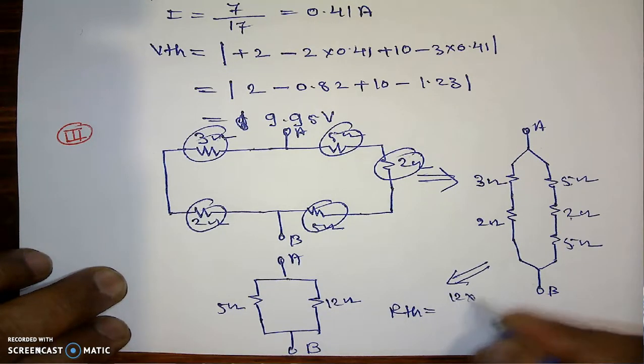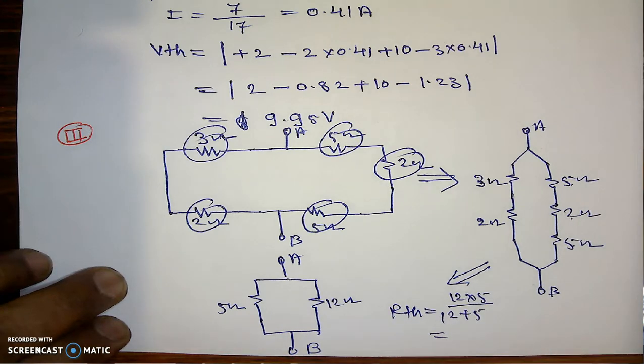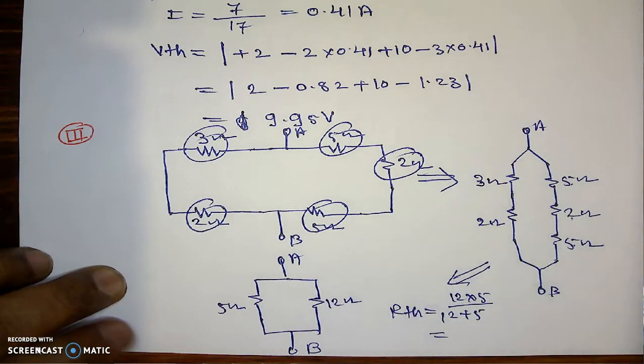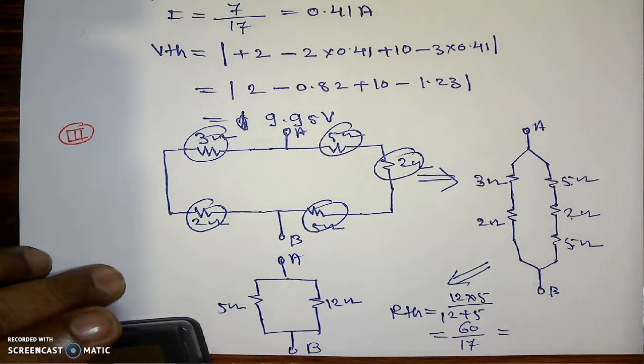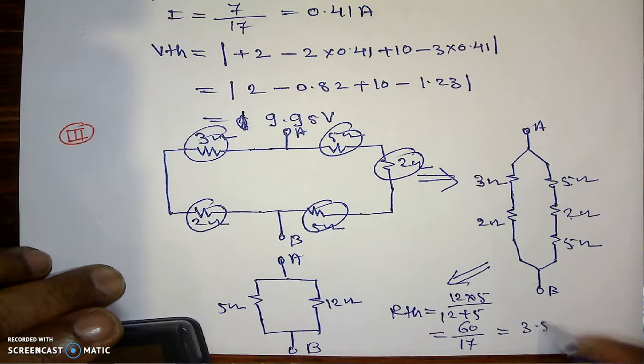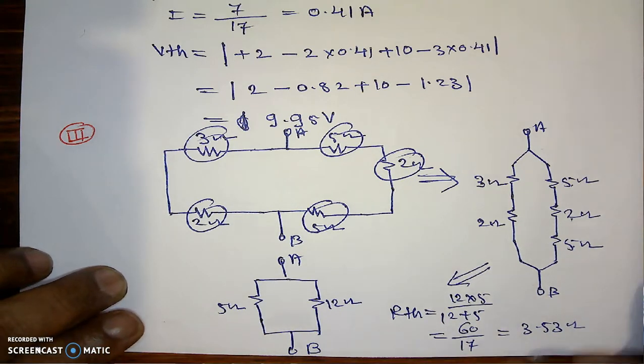That is 12 into 5 divided by 12 plus 5, which is equal to 60 divided by 17, which is equal to 3.529, means 3.53. 3.53 ohm is the value of the RTH. That is Thevenin's equivalent resistance.